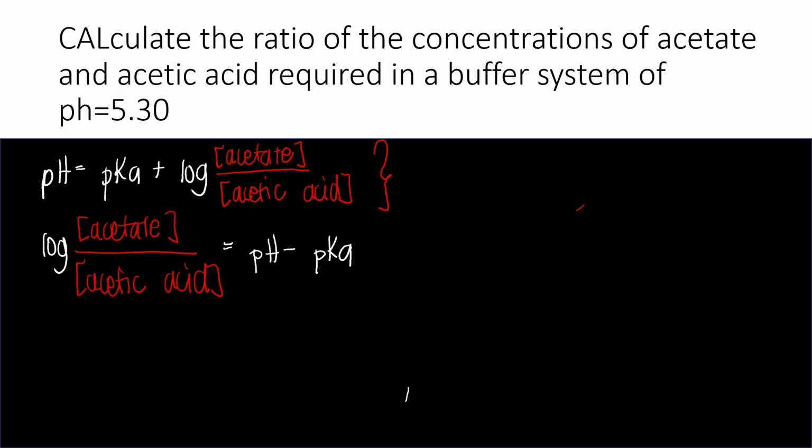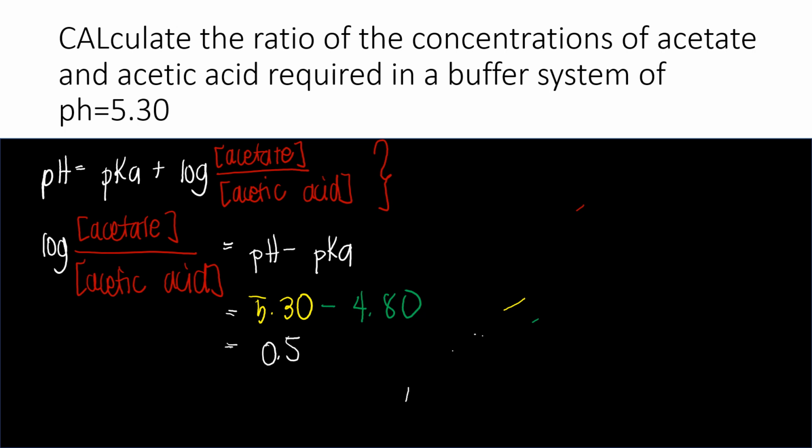Okay, so we're done with this one. pH is given. We have the value 5.30. How about pKa? The pKa of acetic acid, we got that in the table from the previous slide. It's 4.8. Therefore, 5.30 minus 4.8 is equal to 0.5.